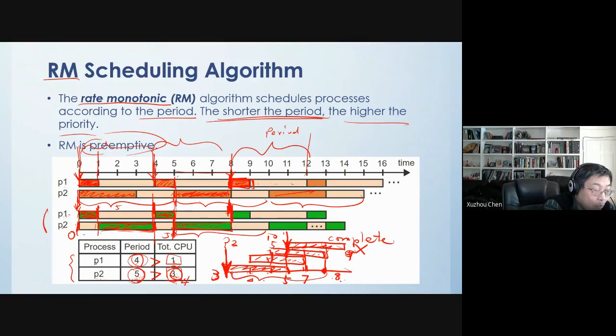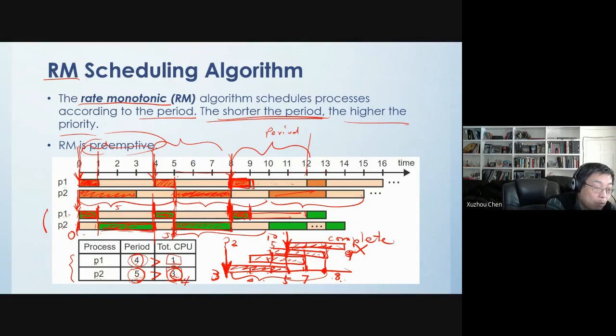Now, once process 2 is finished at time 8, process 1 becomes available, because that's the next period for process 1. And then process 1 again finishes at time 9.